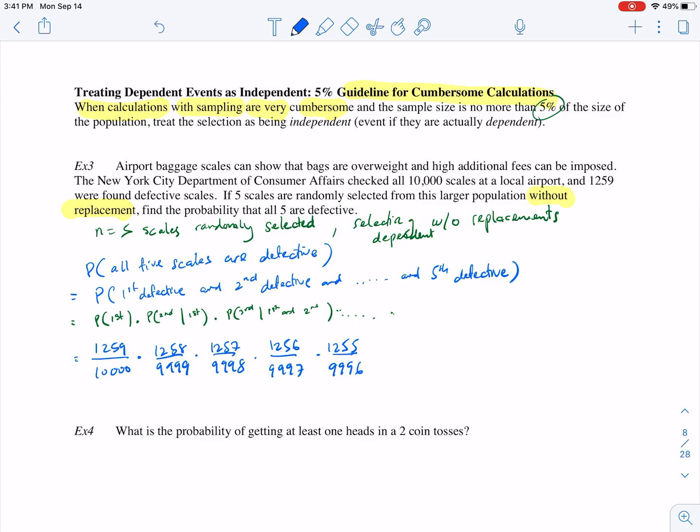And then we take the numerator, divided by the answer we just got there. So that's going to give us a very small number.